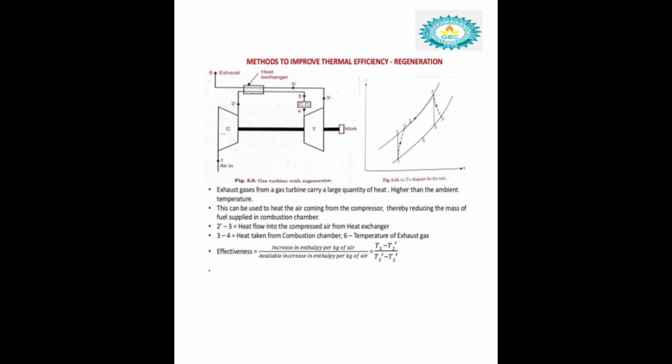Before the compressed air enters the combustion chamber, it enters the heat exchanger. In this heat exchanger, the inlet air gets heat from the exit of the hot gases from the turbine. Due to this, it improves the efficiency of the gas turbine.